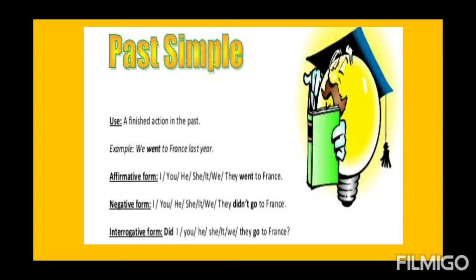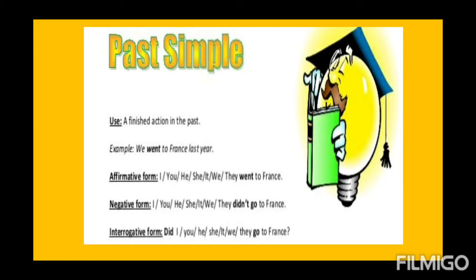Okay, let's revise what we've taken before. We started with the usage of the past simple. We use it for actions that started and finished in the past. And what else?